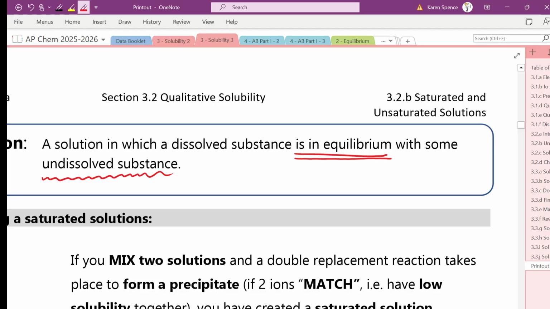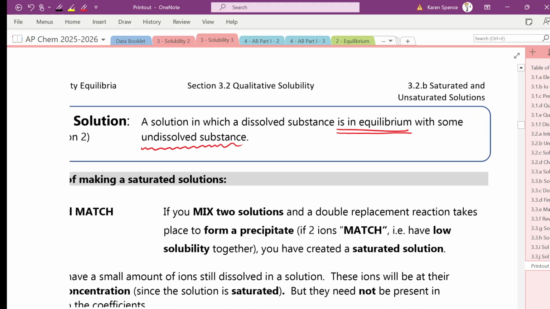Technically, yes. Can you kind of say, oh, well, I have a saturated solution if I dump and stir and then remove the solid? Yes. Okay, so just don't get too worked up about it. Don't worry about it too much.